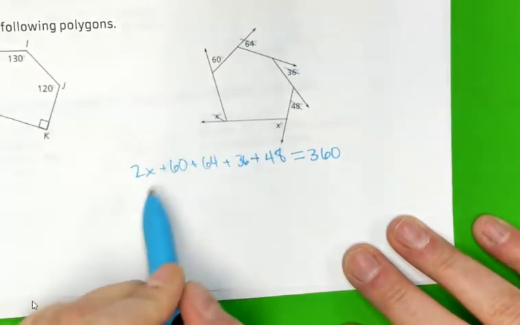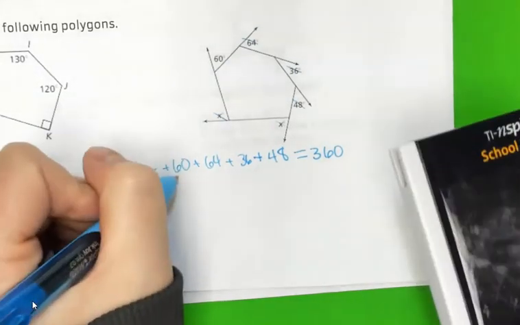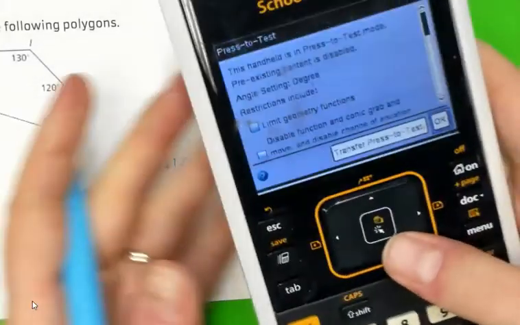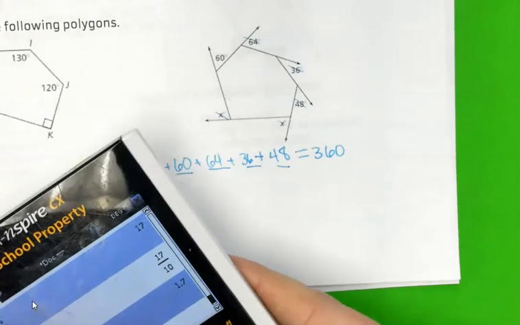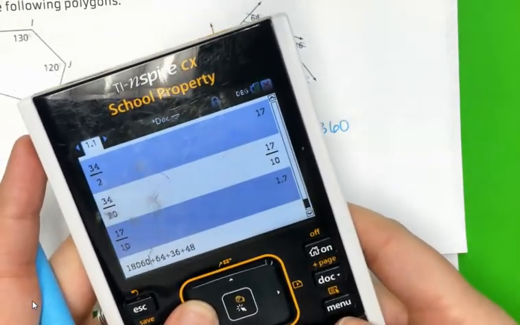So I went ahead and combined those. And then I will combine these like terms. 60 plus 64 plus 36 plus 48. Oh, maybe I should take that out.